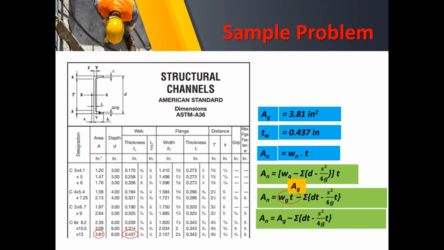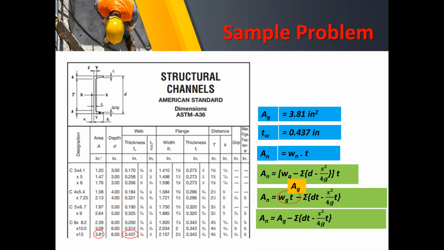So next, we now express the WG, or gross width times thickness, through AG, or the gross area, minus the summation of d prime times the thickness, because we can bring out the thickness: summation of t times d prime.